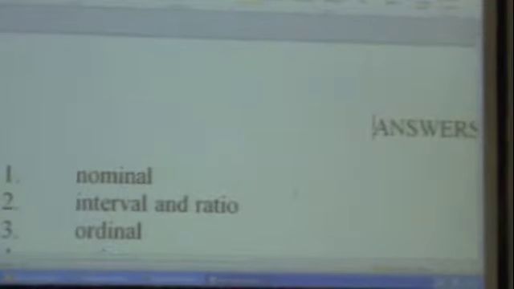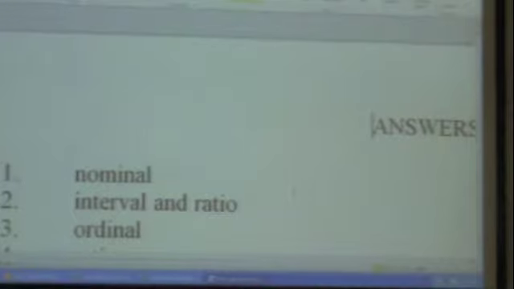All right, so flip it over. Now we have this exercise. And I want you to do this now. These are the first three. First one is the name of the country they're born in. Okay, good.